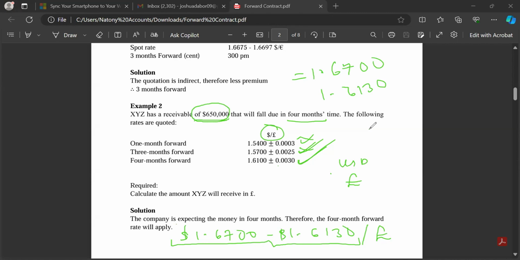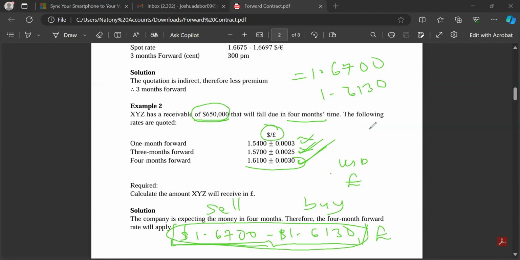Now, if you look at the pricing currency from the quotation here, 1.6700 is in the foreign currency. So this quotation is an indirect quote. And for indirect quotes, the selling price comes first, while the buying price follows.